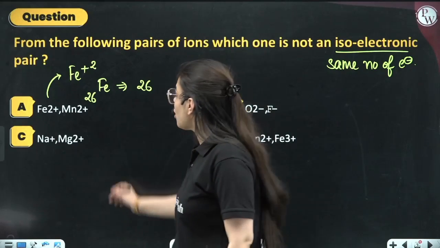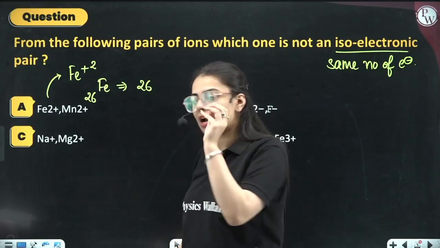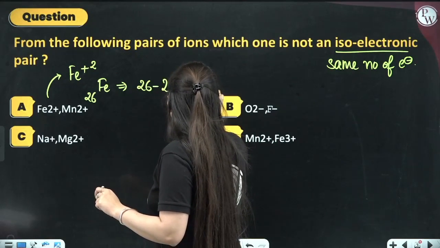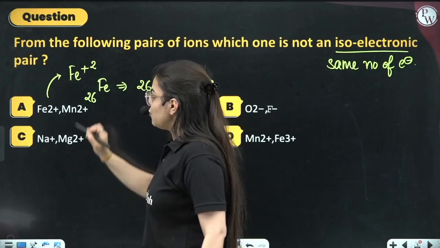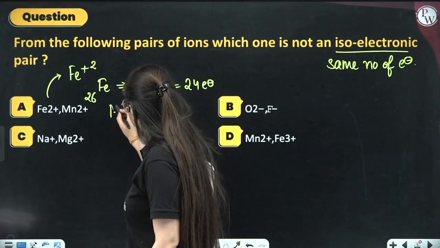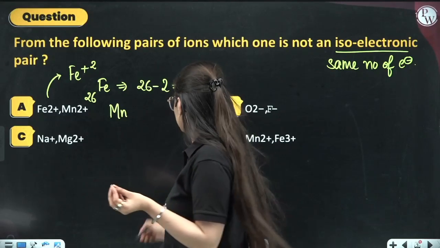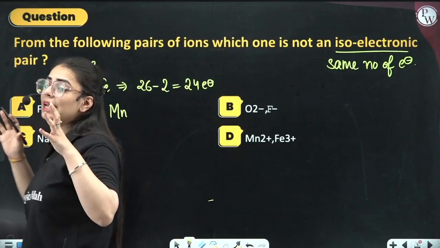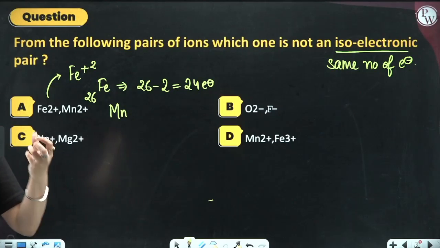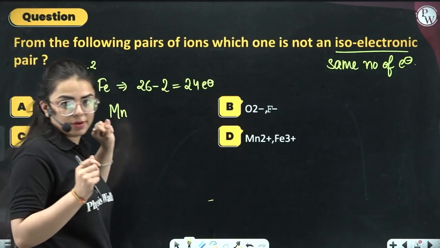But now if I talk about Fe plus 2, what does that mean? You are going to subtract 2 from here. You shall get how many electrons? 24 electrons. Now if I talk about Mn plus 2, let us talk about only Mn first, my dear students. What is the atomic number for Mn?